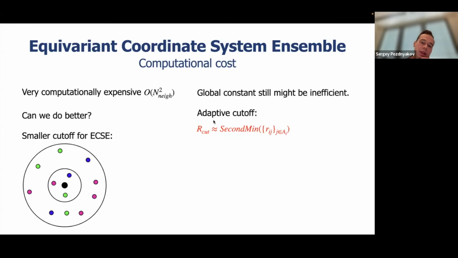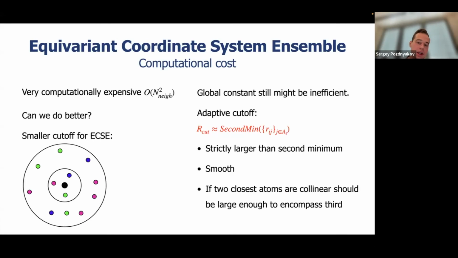Of course, we cannot define our adaptive cutoff in such a simple manner, just to be exactly the second minimum. It is more complicated than that. First of all, our adaptive cutoff should be strictly larger than the second minimum. It should be smooth, contrary to the plain second minimum, which is not a smooth function. And also there are corner cases, such as when the closest pair of neighbors forms a collinear triplet with the central one.